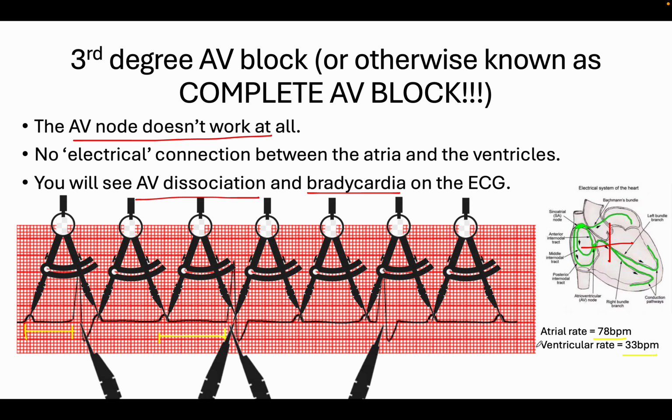So why is that? The ventricles go at their own rate because you need to think back to your basic physiology of pacemaker hierarchies. So normally the highest pacemaker hierarchy is the sinoatrial node, which is the boss of what rate the heart goes at.